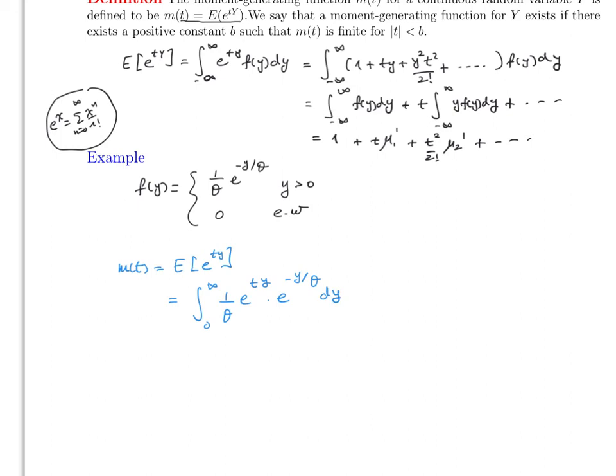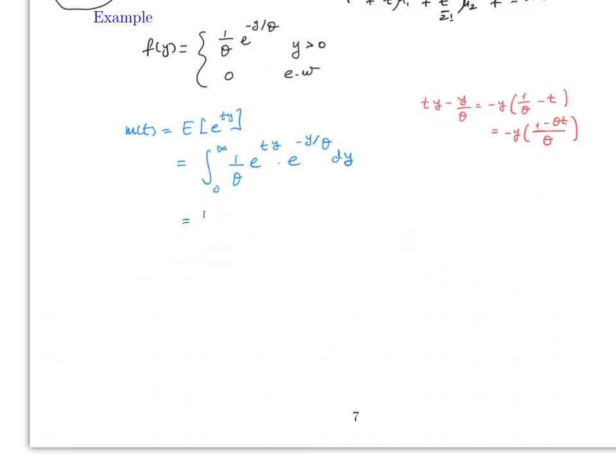Alright, before we integrate, which is a very easy integral, it's a good idea to write it the right way. This is what I mean. You have ty minus y over theta. This is the same thing as minus y times 1 over theta minus t, which you can write as minus y times 1 over theta minus theta t.